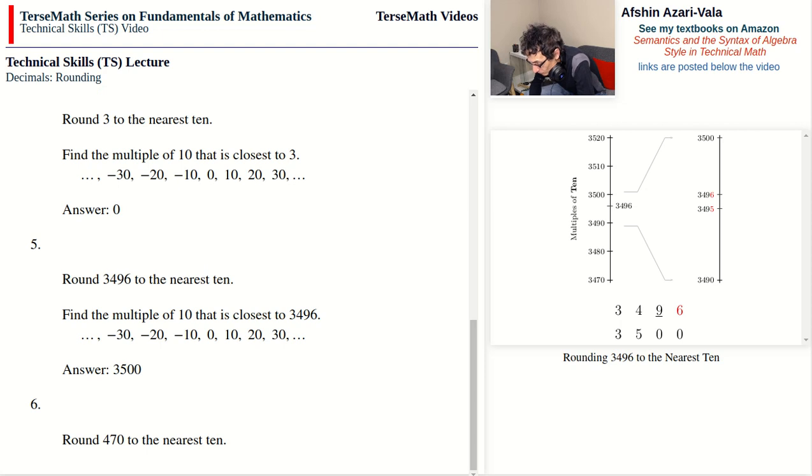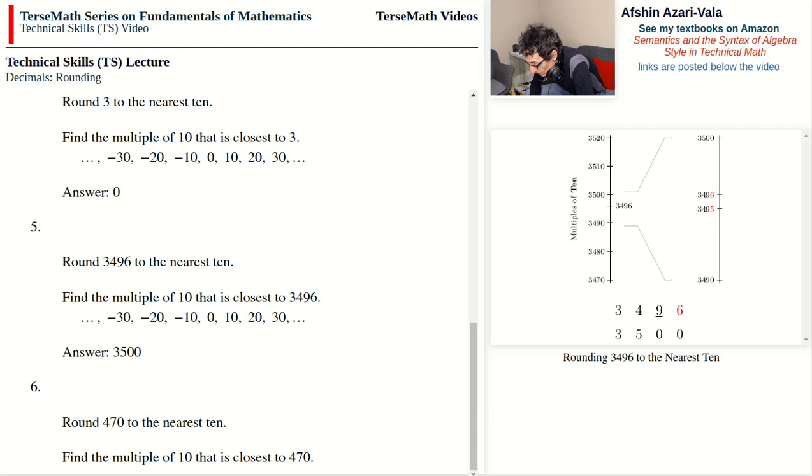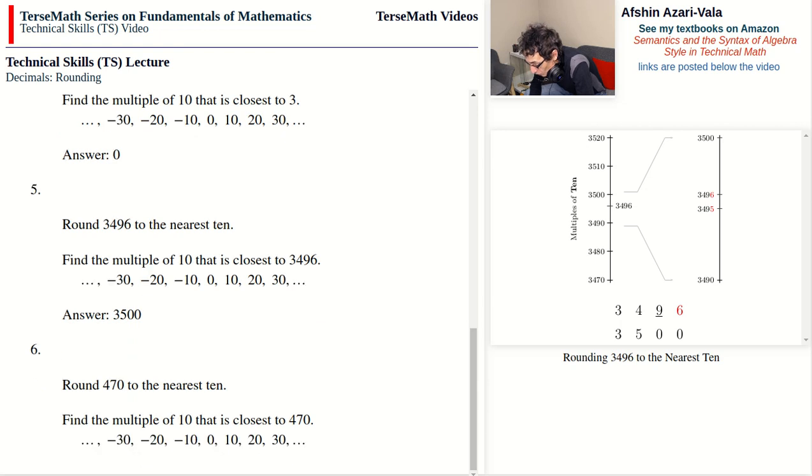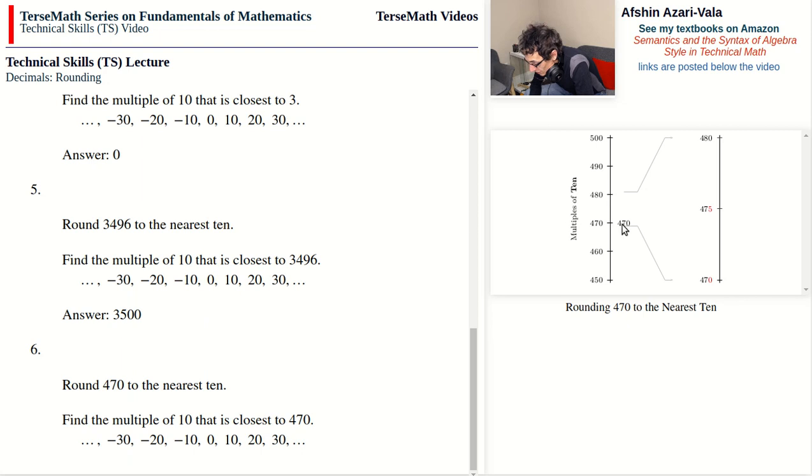Next problem, round 470 to the nearest 10. Again, as usual, it means find the multiple of 10 that is closest to 470. Now in this case 470 falls right on a multiple of 10, which is 470. But we can still follow the algorithm that I was talking about. We can take a look at 0, and because it is less than 5, we're going to leave 7 alone.